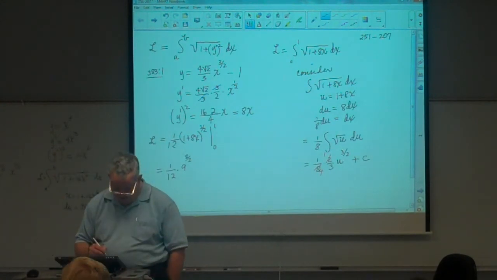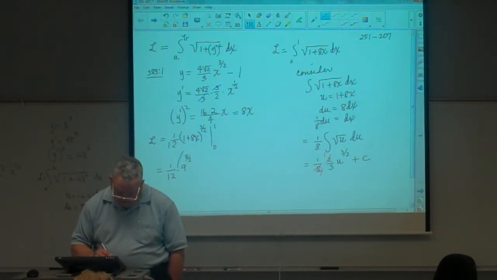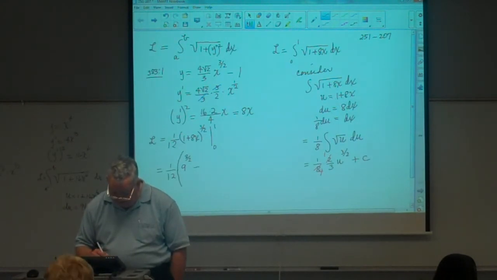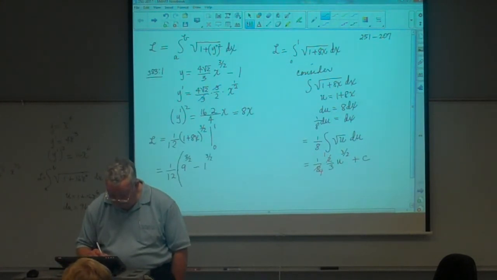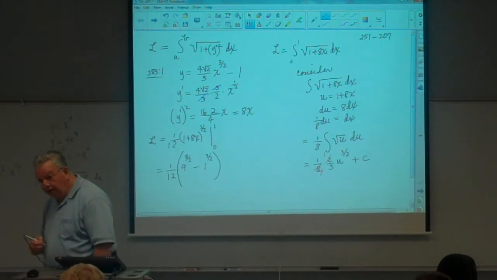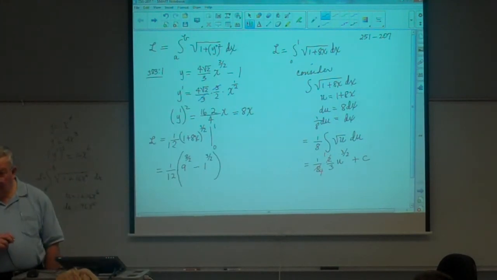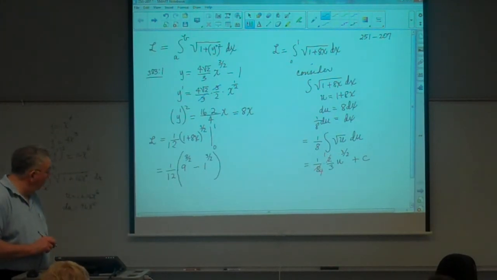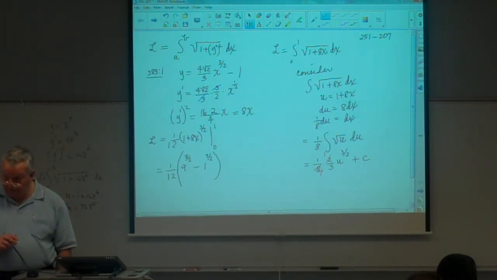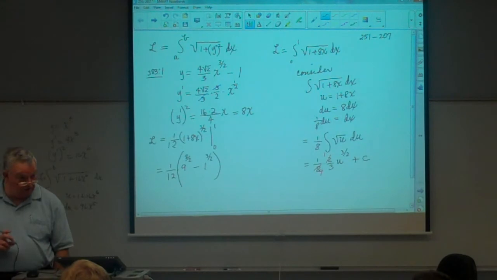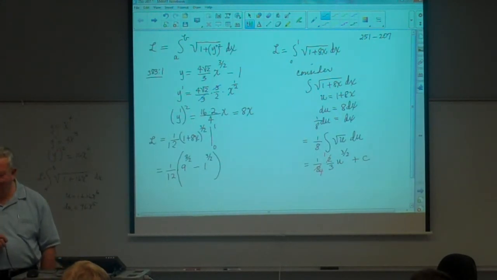Is that okay? And I'm going to leave that 1/12 out here for both of them. And then I have 1 to the 3/2. Is that okay? All I did was put 1 in the place of x and then 0 in the place of x and subtracted them. Hadn't we been doing that a long time? A whopping 2 weeks. Okay.